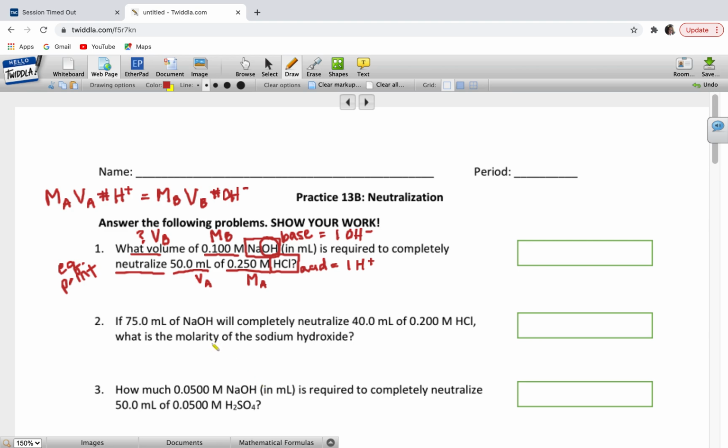So now it's just a real simple algebra calculation. We just need to substitute these values into the equation where they belong. First up is the molarity of the acid, 0.250. We multiply that times the volume of the acid, 50.0 milliliters. And then there's just one hydrogen that dissociates from hydrochloric acid.